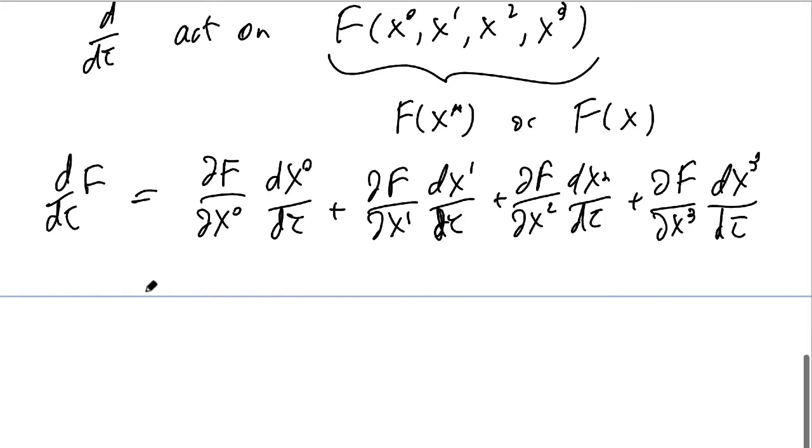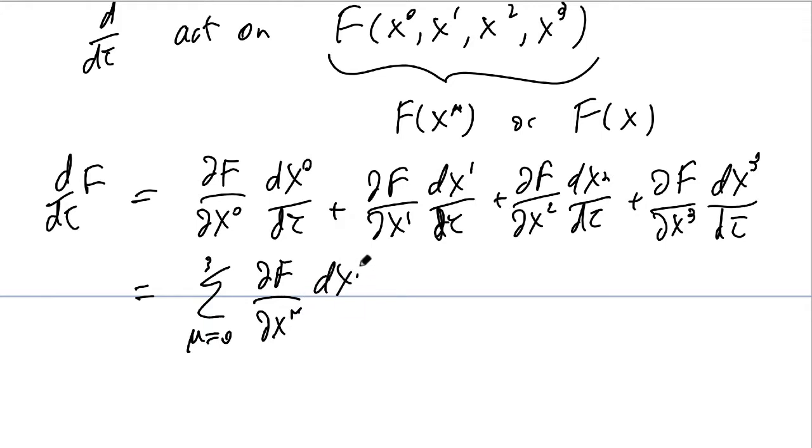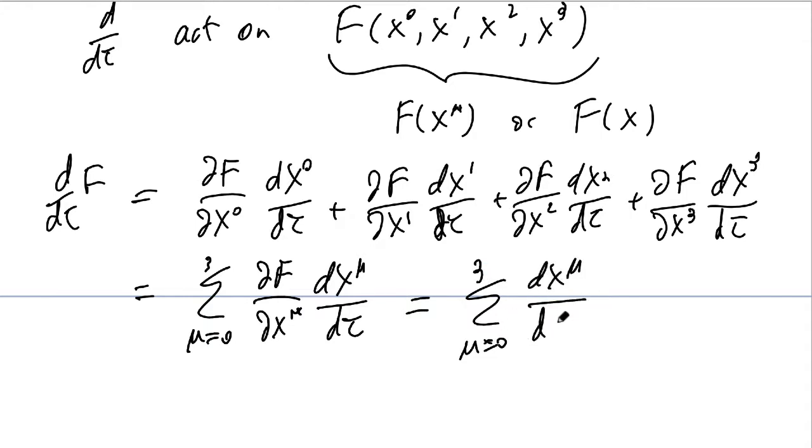All right, we can write this more compactly as the sum over mu from 0 to 3 of partial f with respect to x mu dx mu d tau. Of course, we can write these two factors in either order. We could also write this as dx mu by d tau times partial f with respect to x mu.